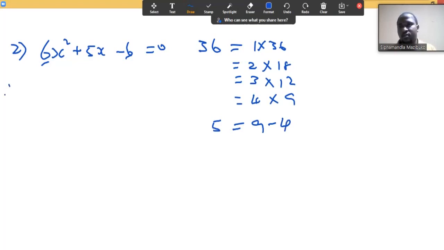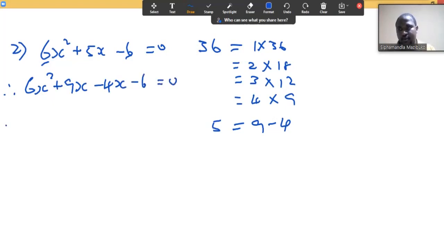Let's come back to grouping now. We have 6x squared. Let's try to use 9, so we have plus 9x minus 4x minus 6 is equal to 0.